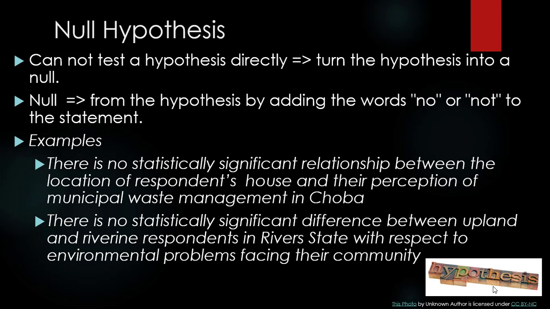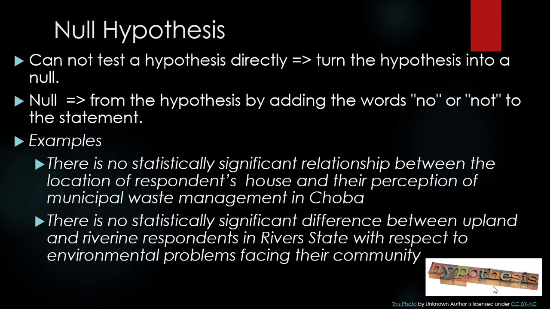When we are testing hypothesis, we test the null hypothesis. So we want to find out whether we are going to retain the null hypothesis, which states that there is no, or we are going to retain the alternative hypothesis, which states that there is.